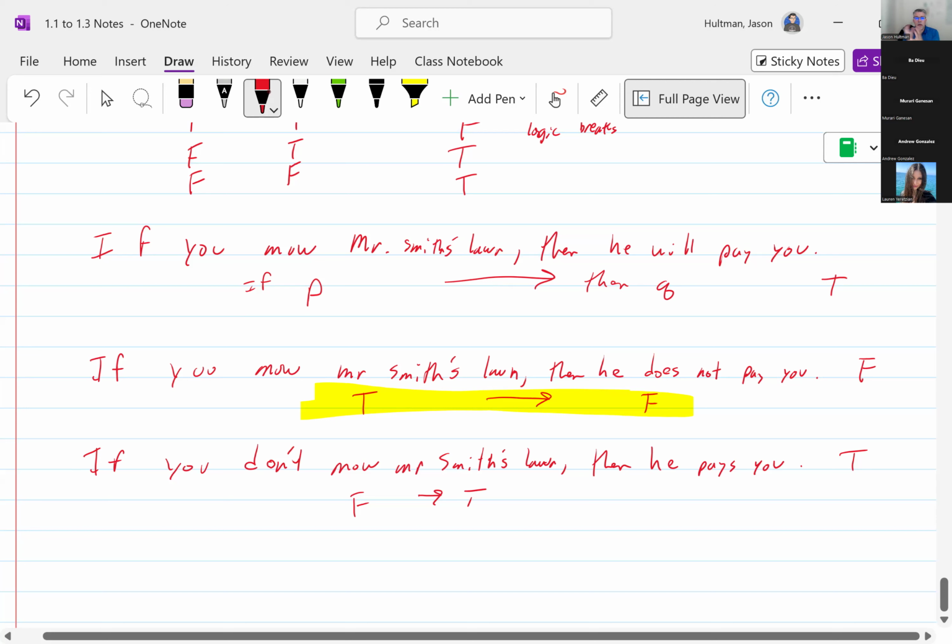You cannot birth the conclusion out of a false statement and have that be some sort of one-to-one logical statement. It's true regardless, right? Because again, he could pay me even if I didn't do anything for him. But if I mow his lawn, then he pays me.